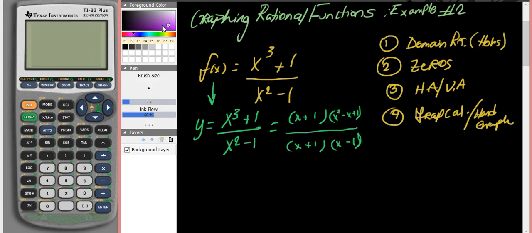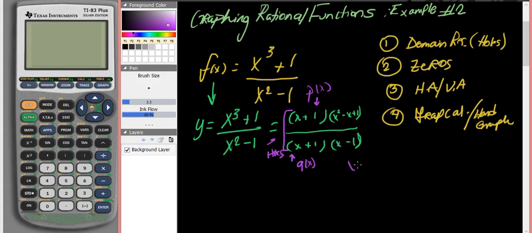Now, like we looked at last video, anytime we have something common, we take those as being our holes when we solve. So whatever's common between your numerator and your denominator, or common in p of x and q of x, we're going to set that equal to 0.